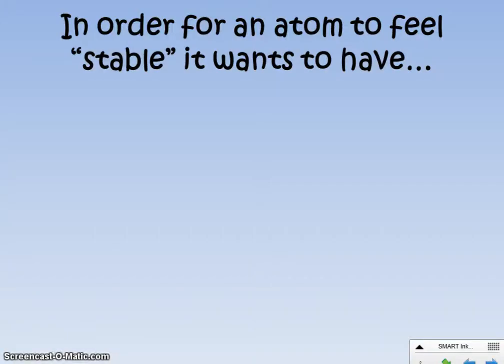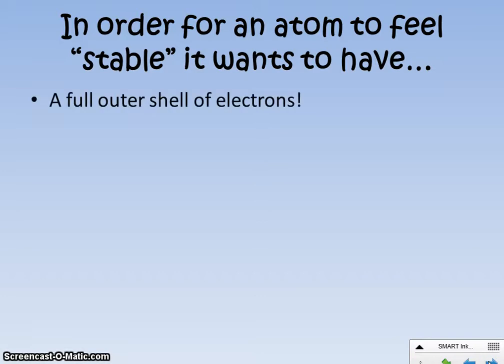So, we know that we have a whole bunch of different atoms that exist, as many as there are on the periodic table, and each one has a different number of protons, neutrons, and electrons. However, some of those atoms are more stable than others. And what makes an atom stable is having a full outer shell of electrons.